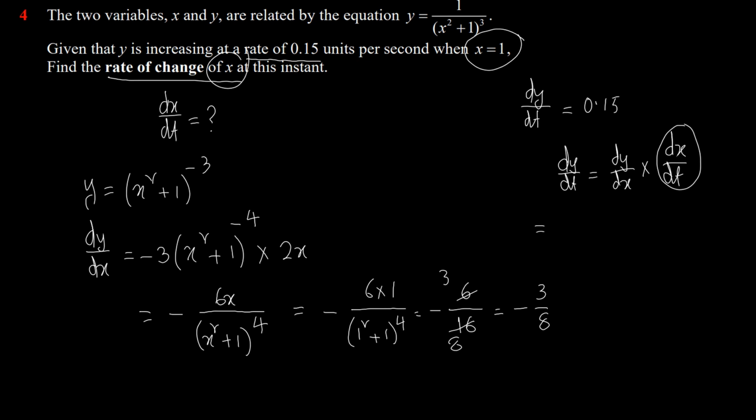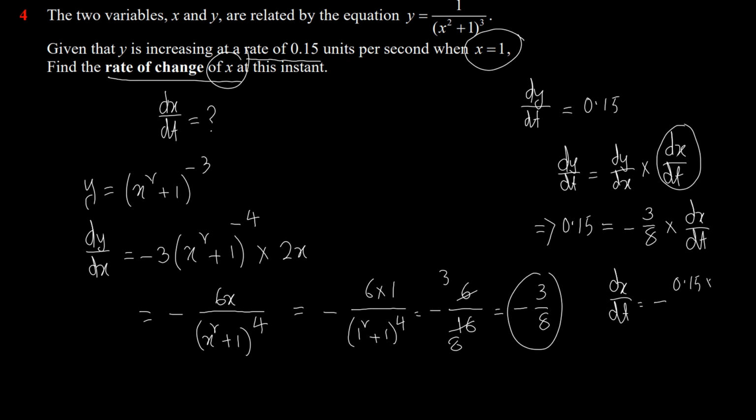So let me put our values. dy by dt is given as 0.15, equals dy by dx, which is minus 3 by 8, into dx by dt. Making dx by dt the subject, it is minus 0.15 into 8 divided by 3. We can use the calculator for that.